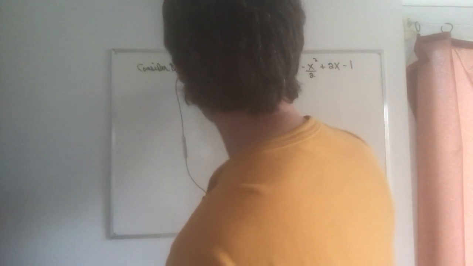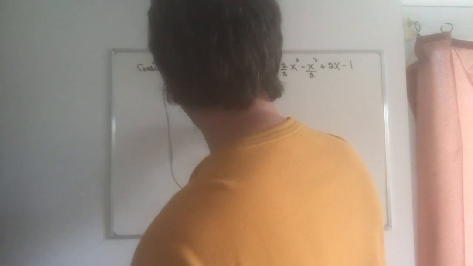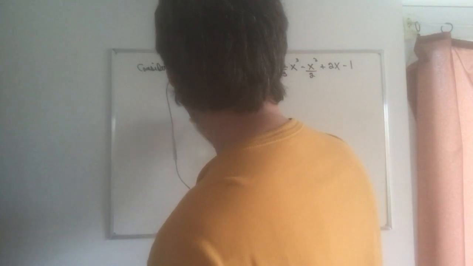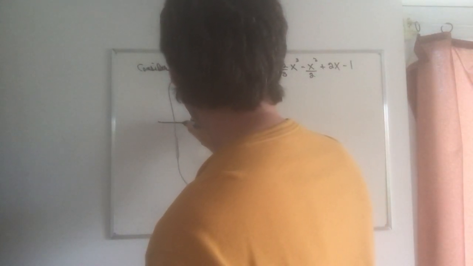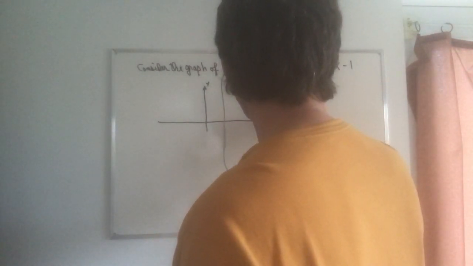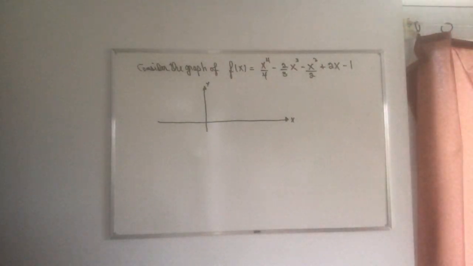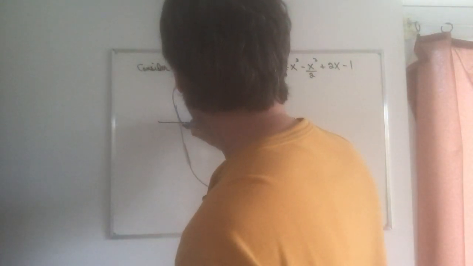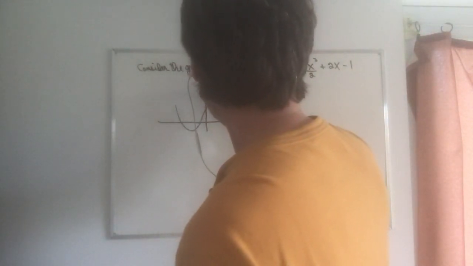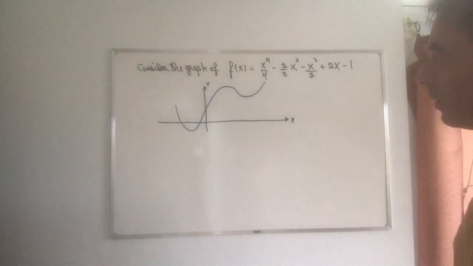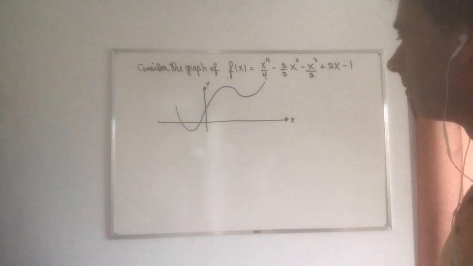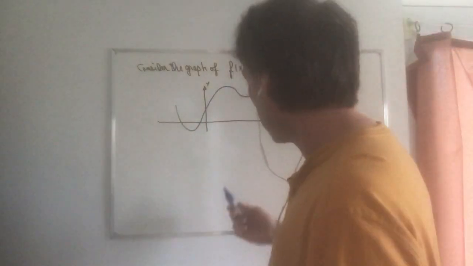So y-axis and x-axis, and we're going to actually show the graph here. Something like this is what we would get, obviously with some specific numbers.